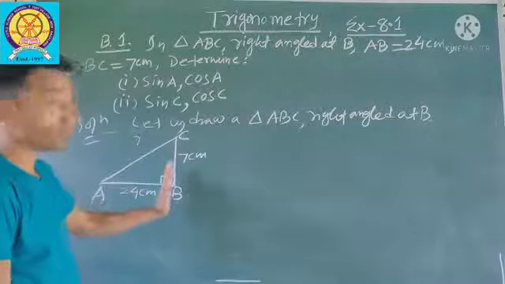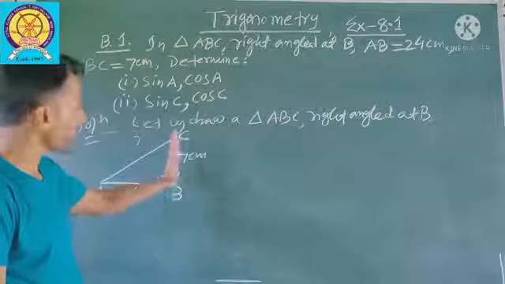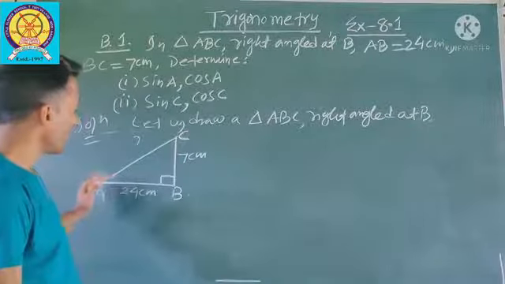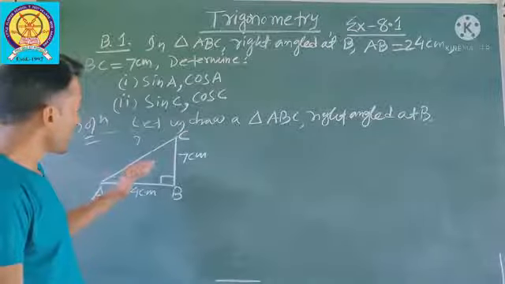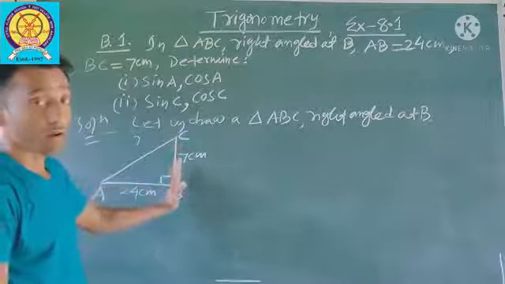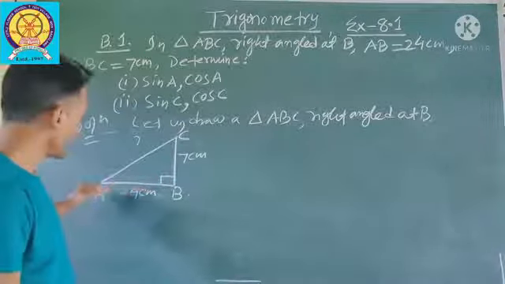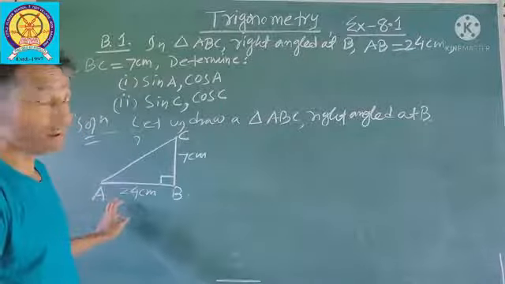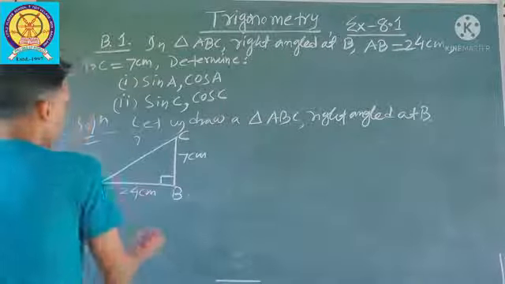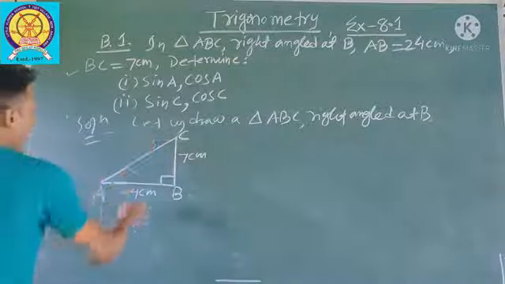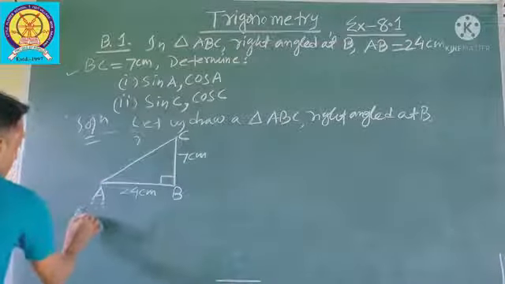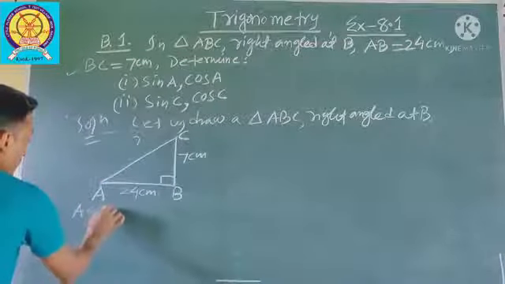This side BC is called what? Perpendicular, or the side opposite to angle A. And this side is called base, or the adjacent side of angle A. So now to find the length of AC, you have to use the Pythagoras theorem.